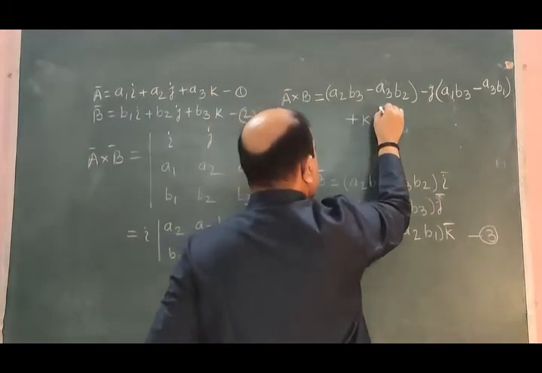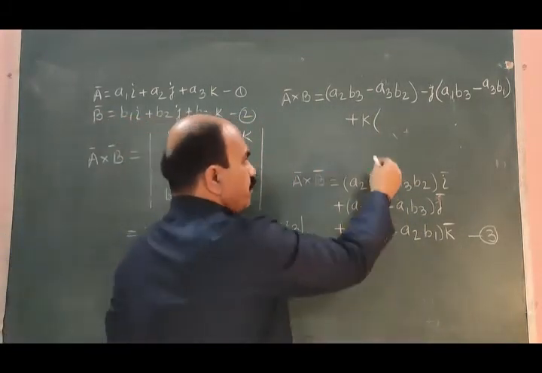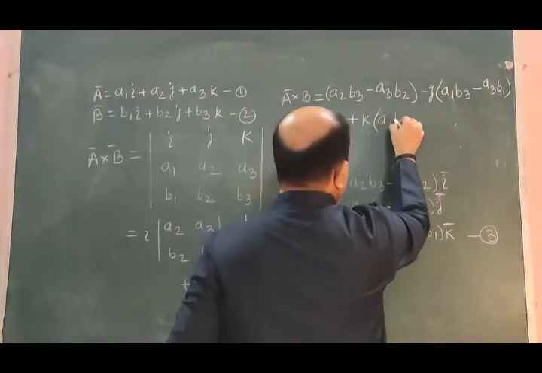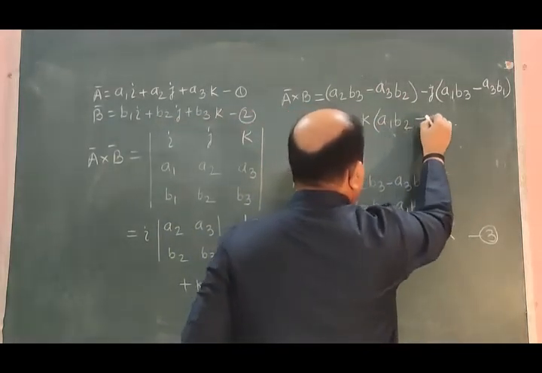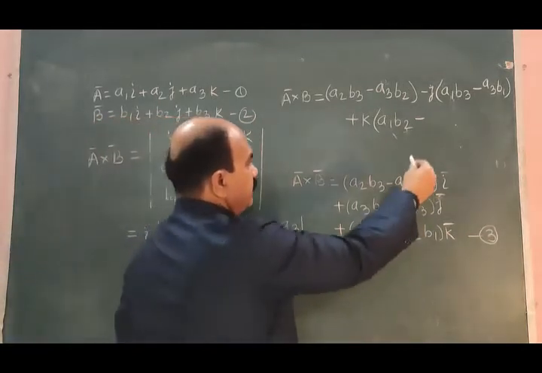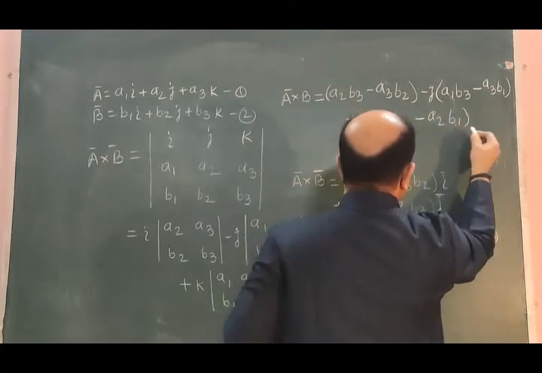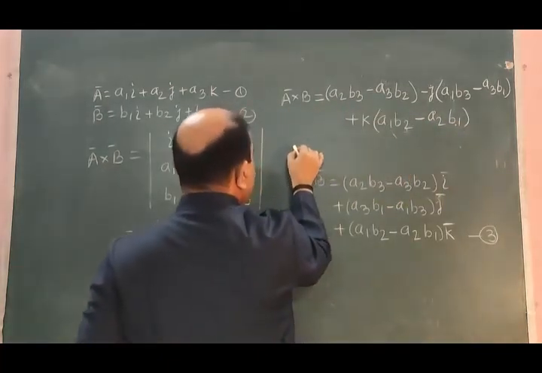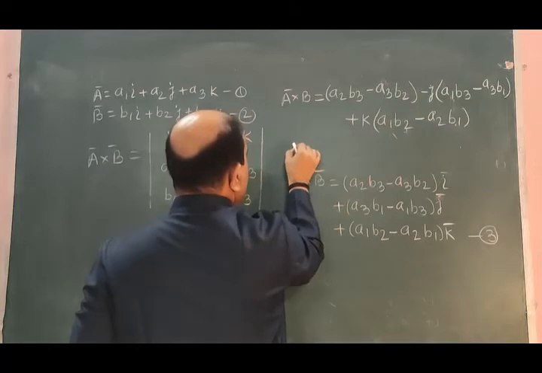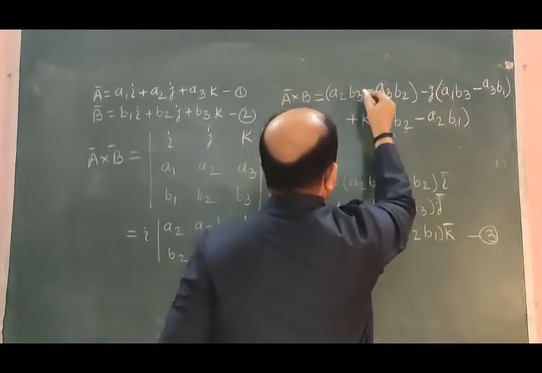Plus K into A1, B2 minus A2, B1. This is further equal to, I is left here.